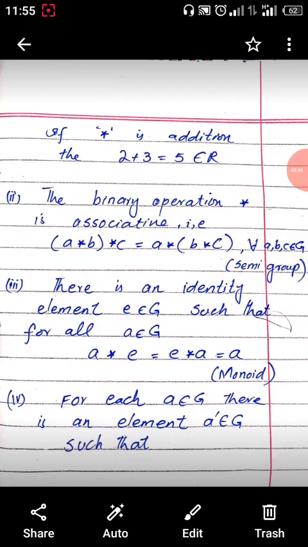The second condition is the associative law. For a binary operation, the associative law holds if (a * b) * c equals a * (b * c) for all a, b, c belonging to G. If any three elements of a non-empty set give us the same answer by using the associative law, then it holds.